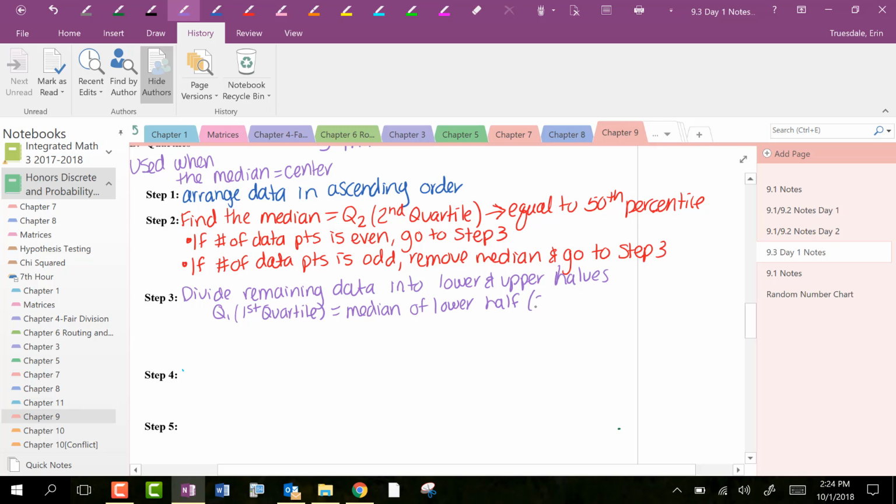This is the 25th percentile. Q3 is the third quartile, and it's equal to the median of the upper half. And that is the 75th percentile.